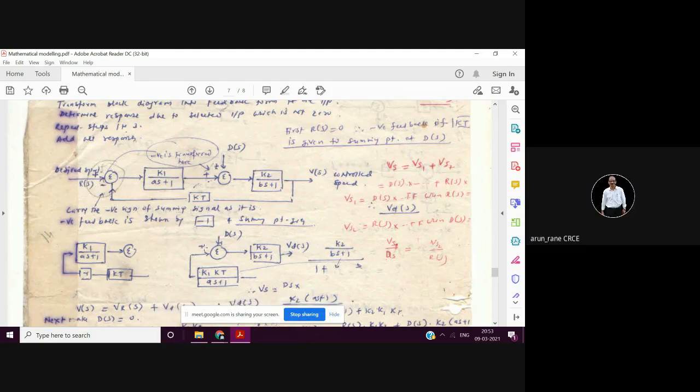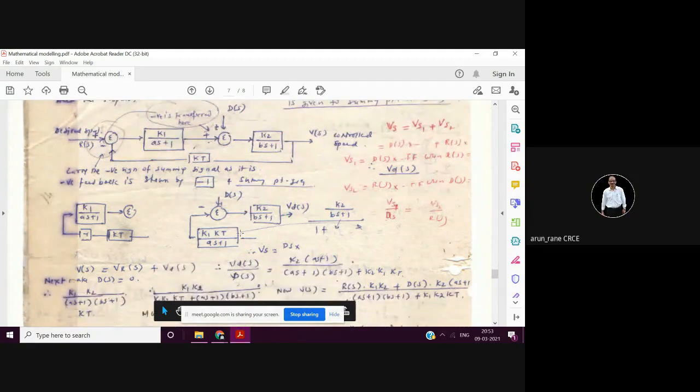So this becomes negative, and now these two blocks are in series, so they can be multiplied straight away: K1 K_T upon As plus 1. And then you have this ahead, K2 upon Bs plus 1.